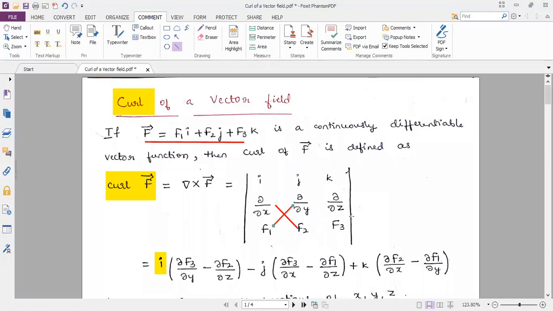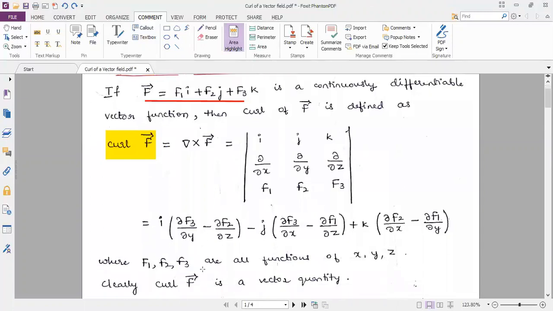So whenever we expand a 3 cross 3 determinant, we get such an expression where f1, f2, f3 are all functions of x, y, z. Clearly, curl f is a vector quantity.